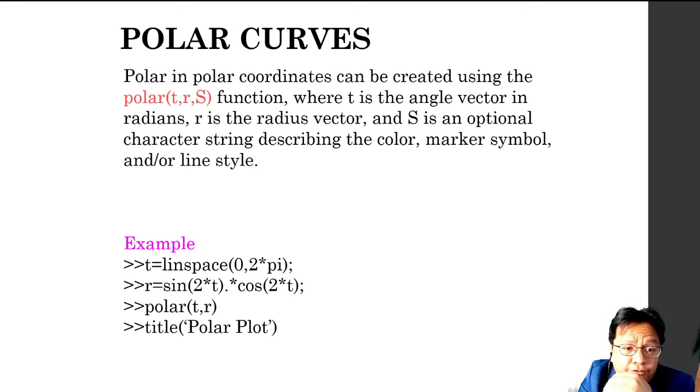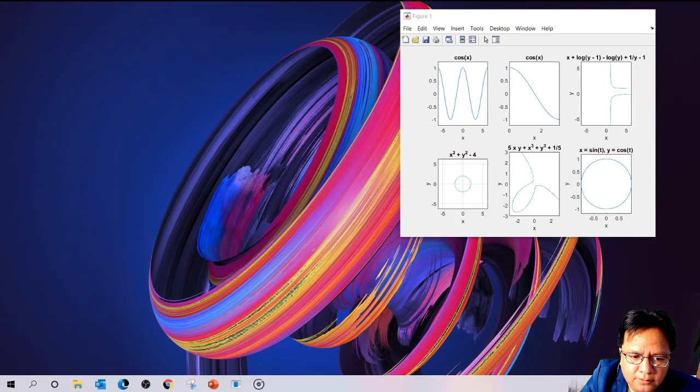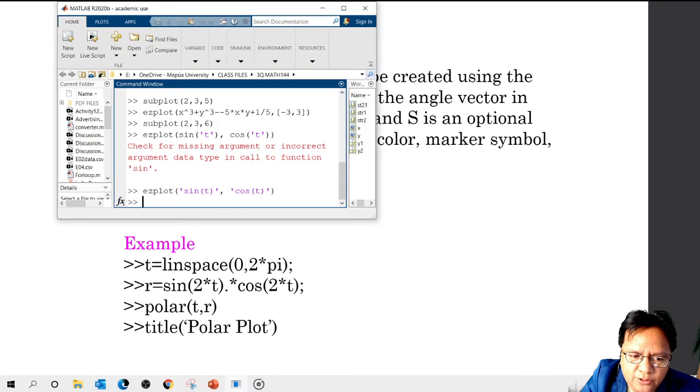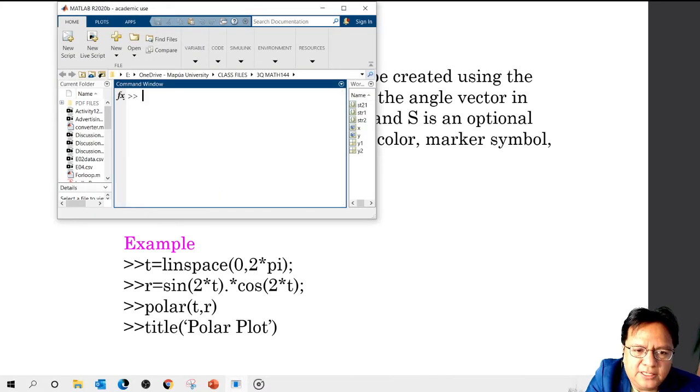So for a polar curve, instead of plot, we can use polar TR, with the domain. T is the independent variable and R is the dependent variable. So I would be closing the figure, and then clc.